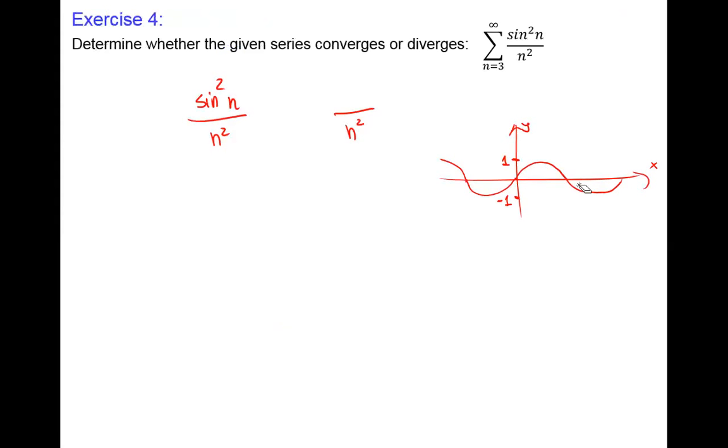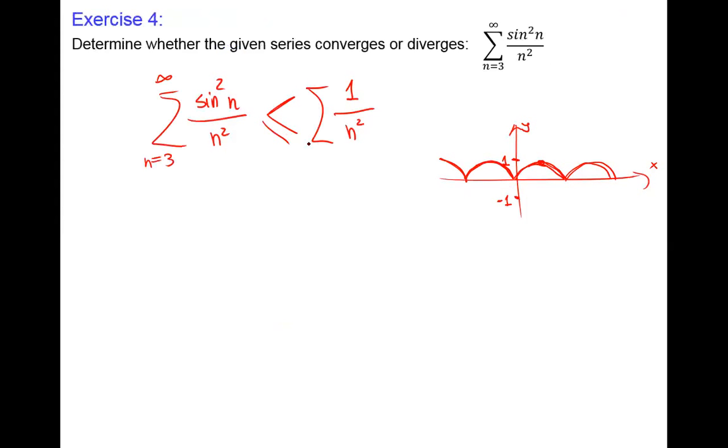But okay, that means this is just the sine function. If we take sine squared, all of the negative parts we square, and they will be on the top. And 1 squared is still 1. That means the graph of sine squared looks something like this, but the maximum value is still 1. Sine squared of n is never greater than 1, it could be equal to 1. And we can see a nice comparison right away.